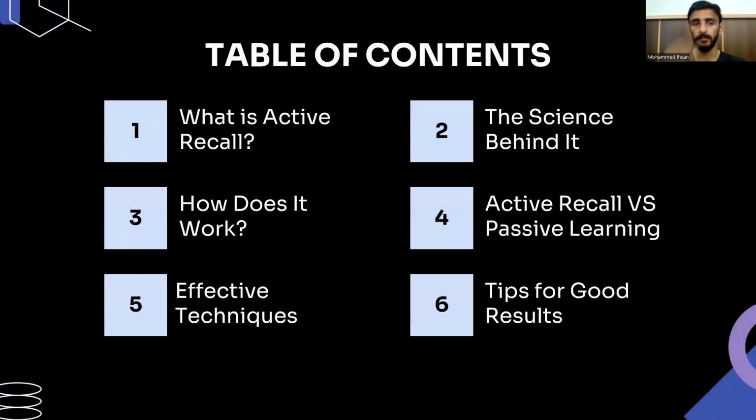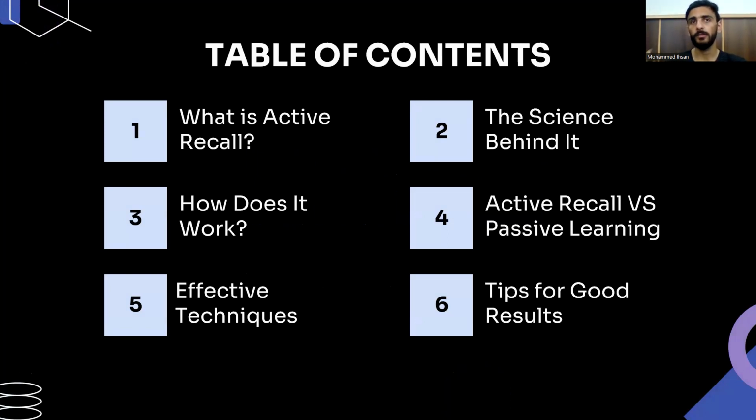So, this is the table of contents. We're going to go through what is active recall, a brief definition of active recall, and we will also be discussing the science behind active recall, the physiology of the brain, and why active recall is very, very useful and effective, how active recall works.